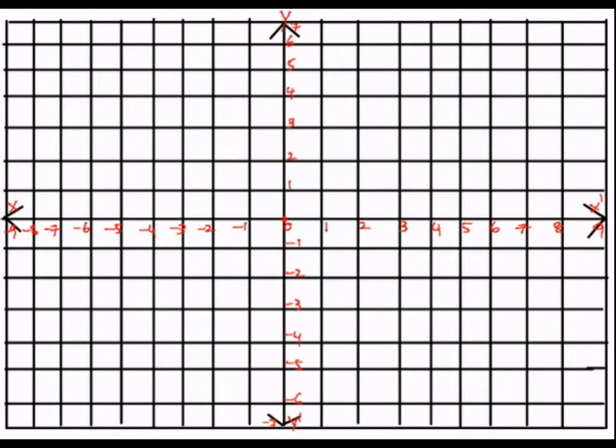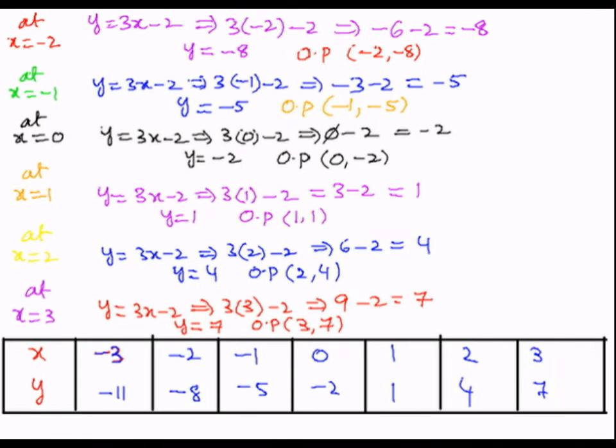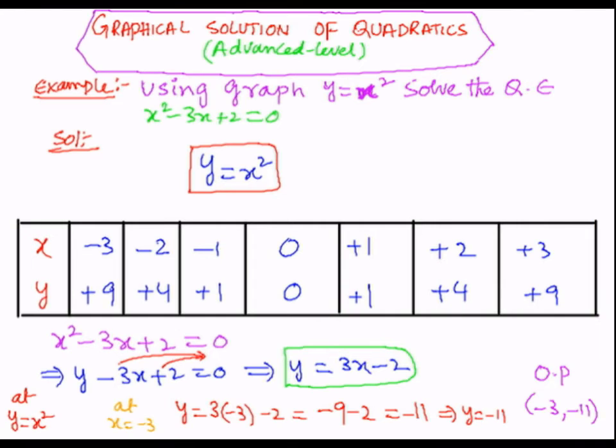So -3 on x axis and 9 on y axis, it is invisible, so we can avoid that -3, 9. Then -2, 4, -1, 1, then 0, 0, 1, 1.